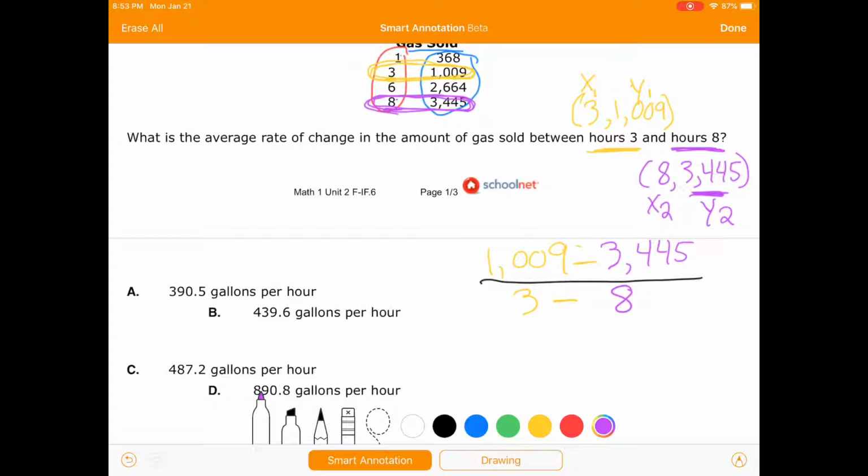As I'm simplifying this down, this is what is going to give me the average rate of change in between the 2 hours. So when I simplify this down, I'm going to get 487.2. And that is going to give us C.